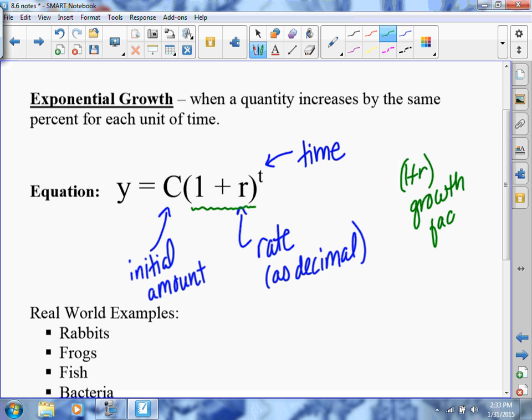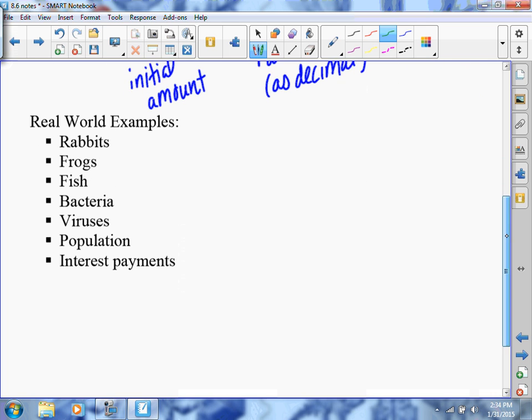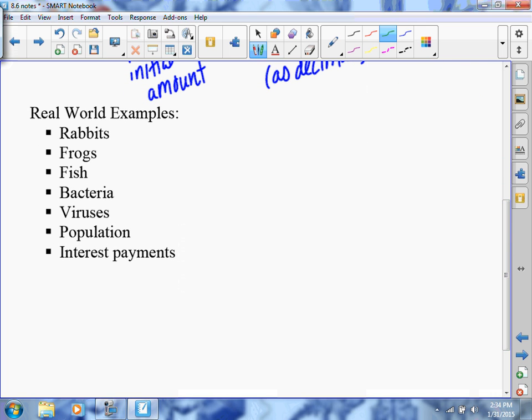So if you hear that in the rest of the notes or in homework or in quizzes or tests, that's what that means. Okay? Now there are a lot of things in the real world that increase exponentially or grow exponentially.